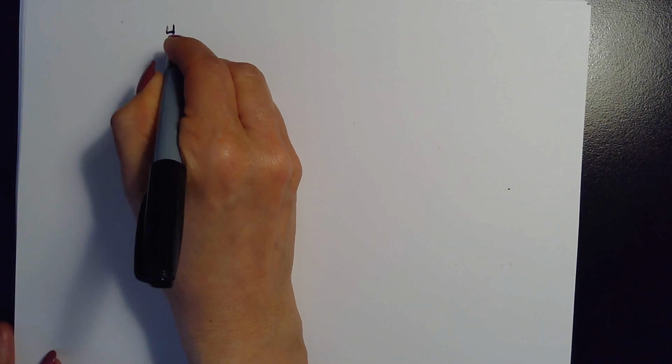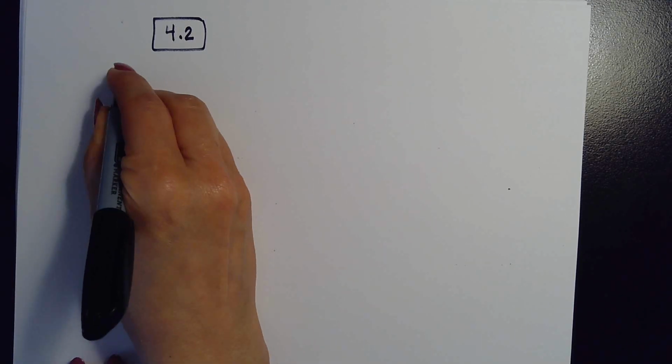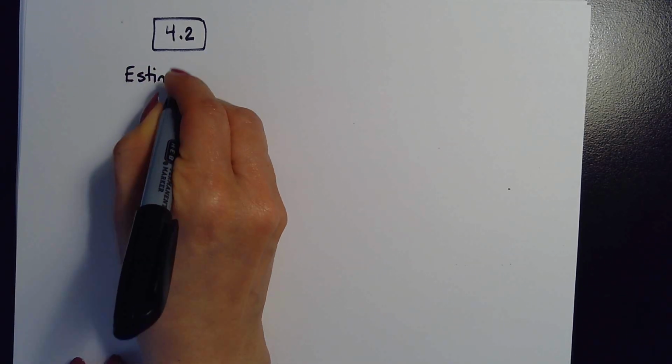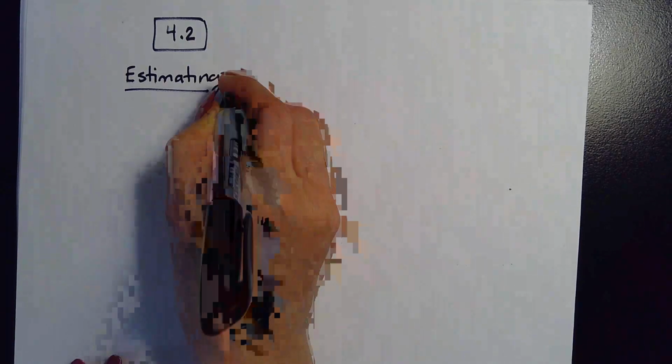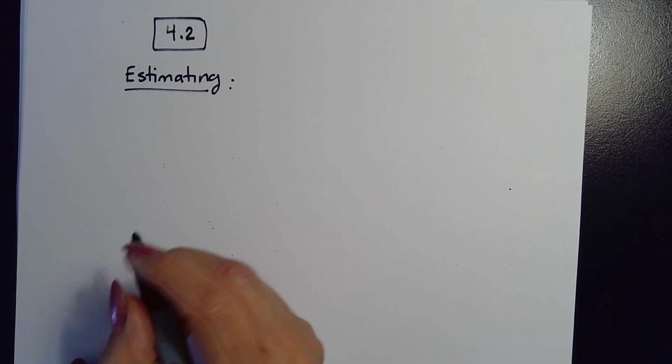So we're going to start now section 4.2. And I'm going to give you a definition. So 4.2, we're going to do estimation, graphs, and mathematical models. So what is the definition of estimating? Let me write it. It means we do the rounding before we solve the problem.